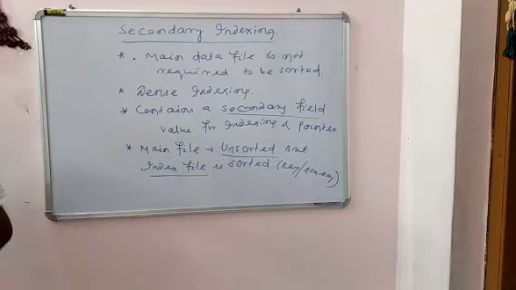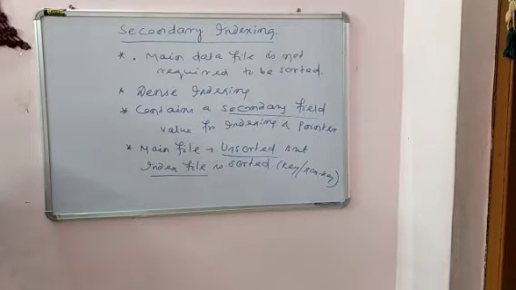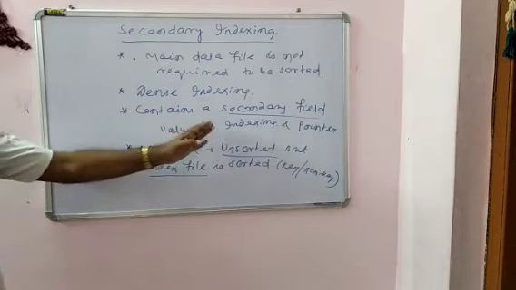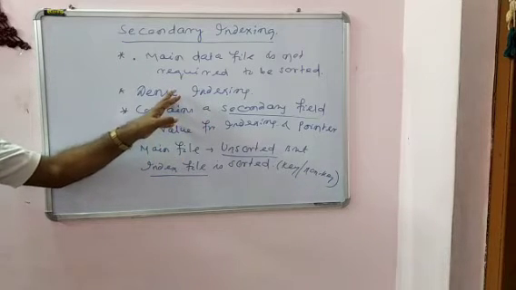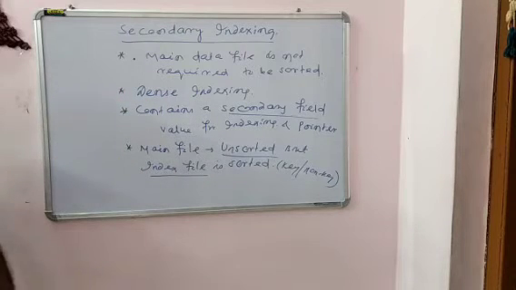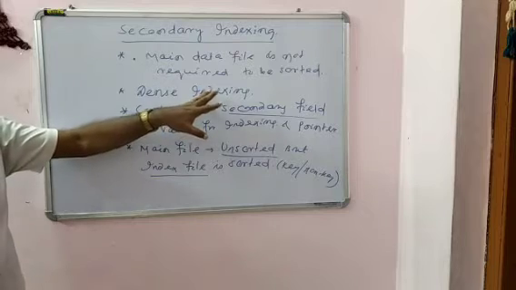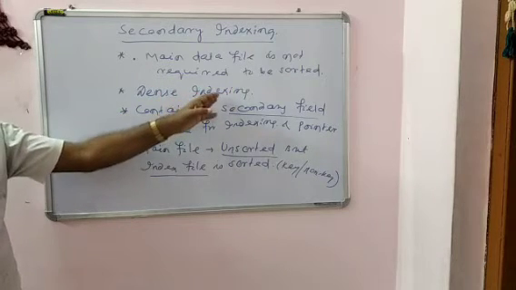A secondary index on a key field is a dense index, because it contains one entry for each record in the data. Because it contains one entry for each record, it is called dense indexing.